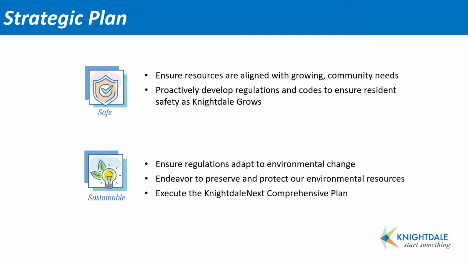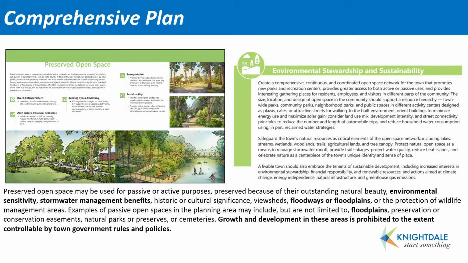Looking at the strategic plan and comprehensive plan for this, obviously we try to bolster a safe community, and flood hazard reduction is certainly part of that. And then being sustainable and trying to preserve and protect our natural and environmental features, and making sure our regulations adapt to environmental change. Looking at the comprehensive plan and our preserved open space, we do a really good job in our UDO now.